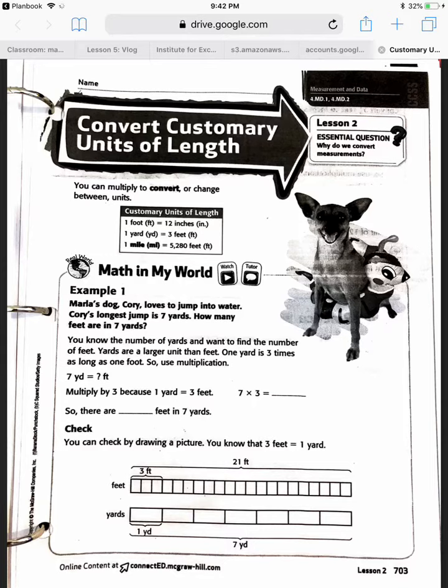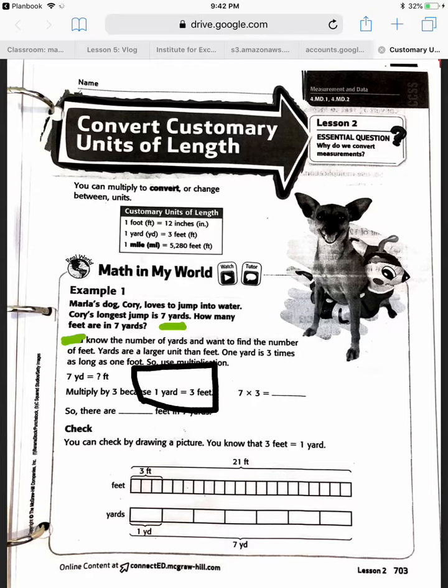Well, to me, I don't like to measure in yards. I personally like to measure in feet. So, in order to convert between feet and yards, we need to remember that magic number. And that magic number, which they put for us down here, is that 1 yard is equal to 3 feet.